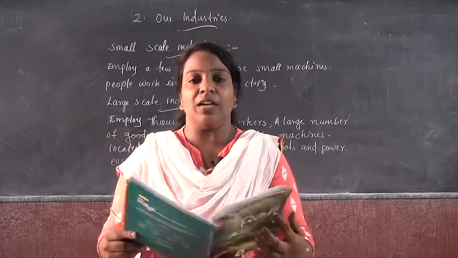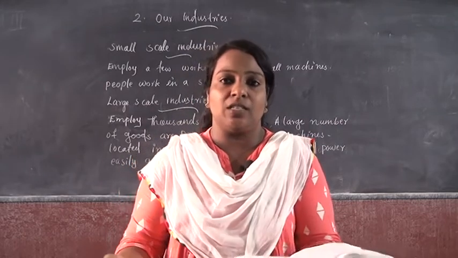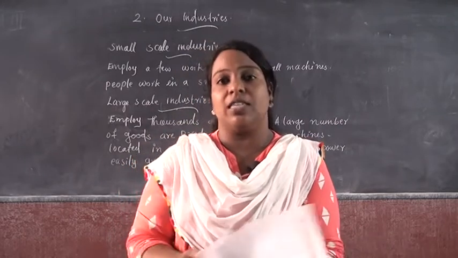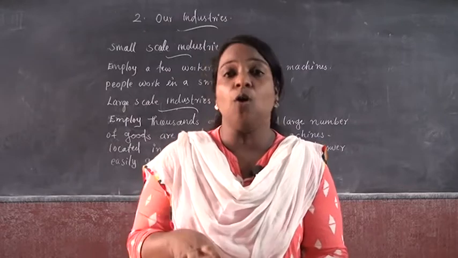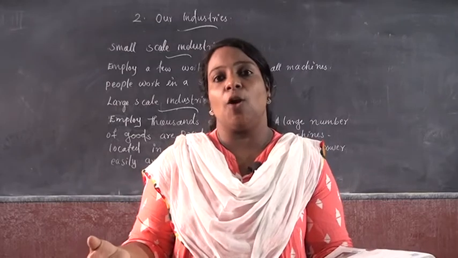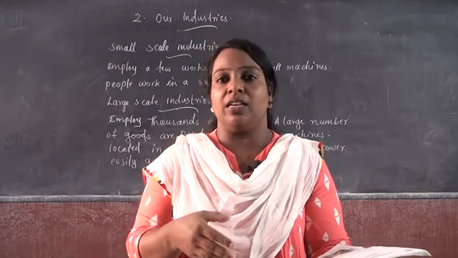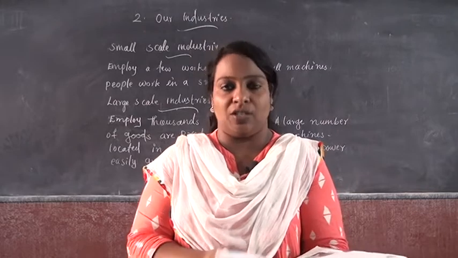Second, what are cottage industries? Cottage industries are set up in people's own homes. A few people work there, and the raw materials are available nearby. They make the things there. So that is a cottage industry.